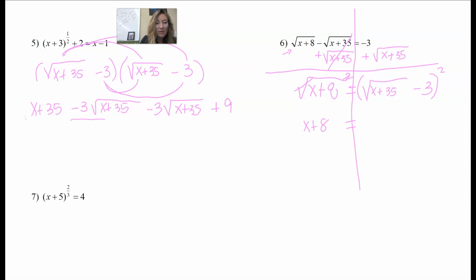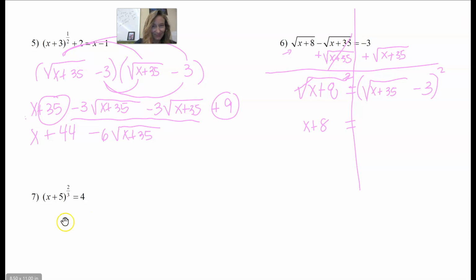So I'm going to combine these two. They are like terms, and they can be added together because they have the same value inside the radical, the matching radicand. So I get negative 6 rad x plus 35. The 9 and the 35 can be added together to make x plus 44 minus 6 rad x plus 35.